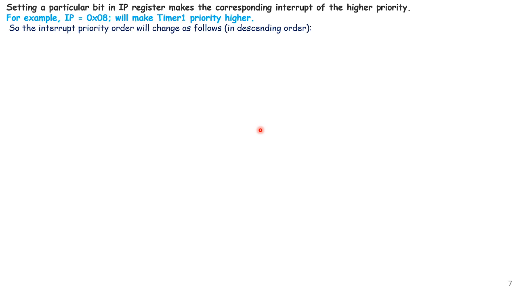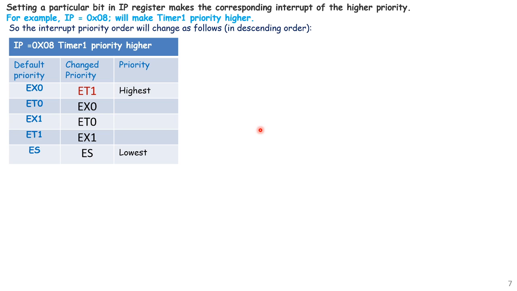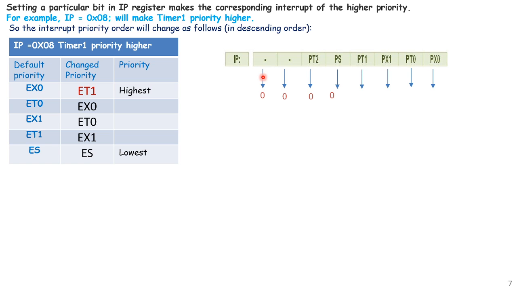Now, setting a particular bit in IP makes the corresponding interrupt higher priority. For example, if IP is equal to hex 08, we'll make timer 1 the highest priority. So this IP gets selected like this.